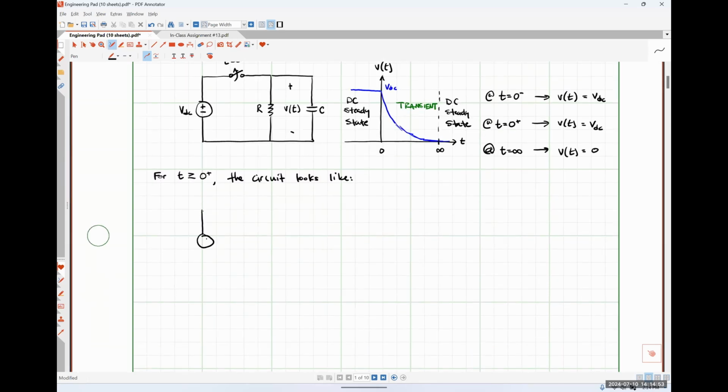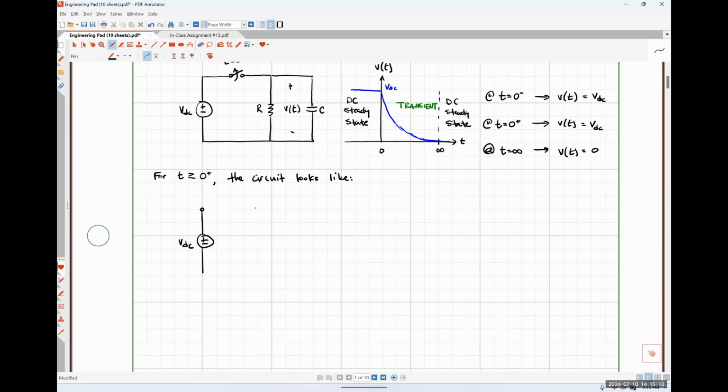We still have our DC voltage source, but it is disconnected from the network that contains the resistor and the capacitor. That's why I'm drawing that open circuit terminal up on the top.